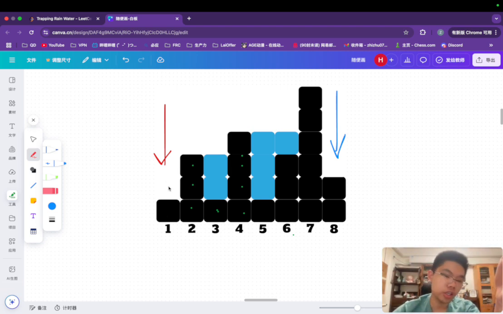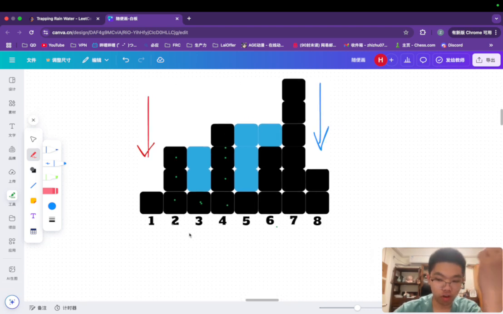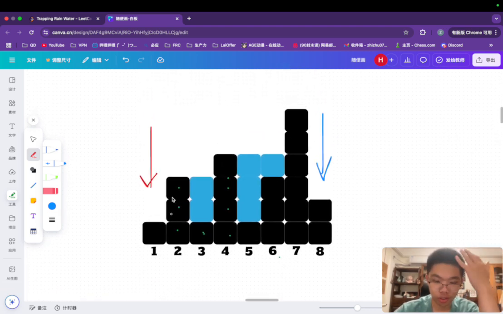So initially the elements pointed by the two pointers are elements number 1 and number 8. We first want to find the smaller one of the two, and if they are equal, we can choose either one, right or left, you can decide. So we first want to find the smaller one between the two elements, and then we do the following operation on the one chosen.